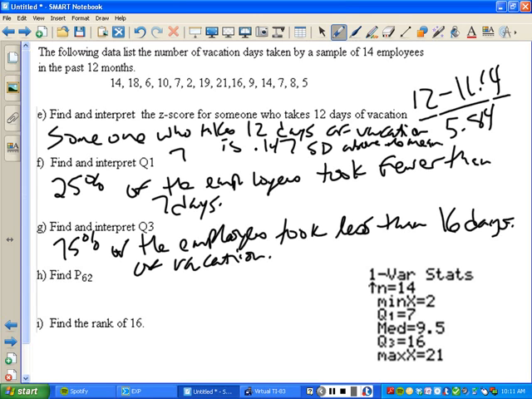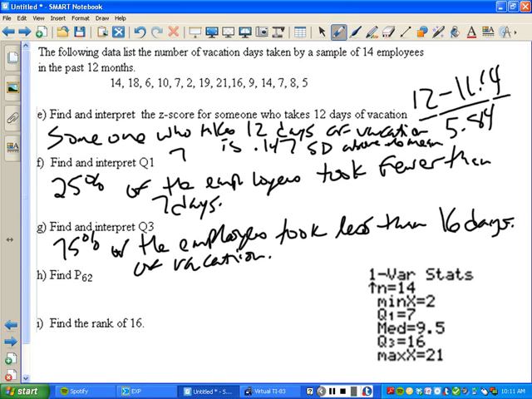And the point is, by saying that, what we're really able to identify is it's not unusual for somebody to take 12 days of vacation in this data set. That would not be like, oh my gosh, you took 12 whole days? That's not uncommon. Not uncommon at all.